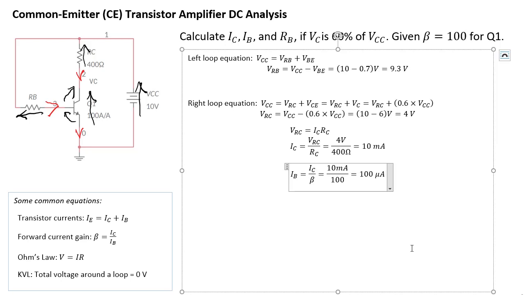Since we have IB, we can work out what RB is, because through Ohm's law, RB is simply V over I. So V is VRB divided by IB. VRB is 9.3 volts divided by IB, which is 100 microamps.